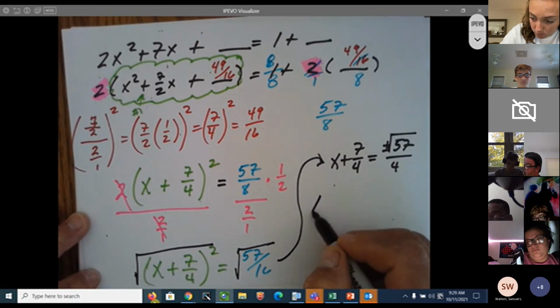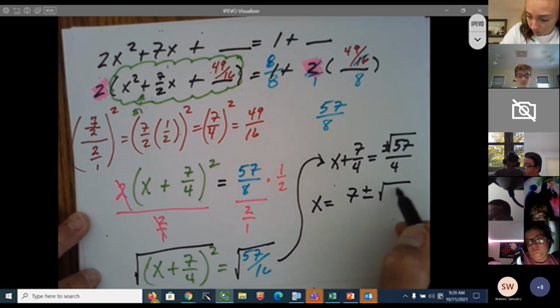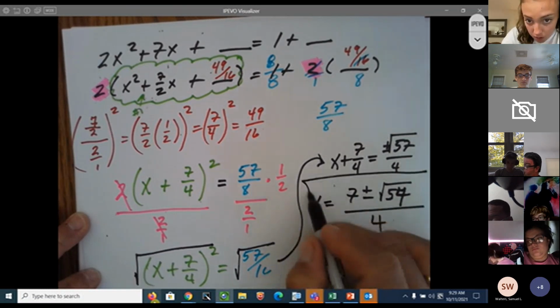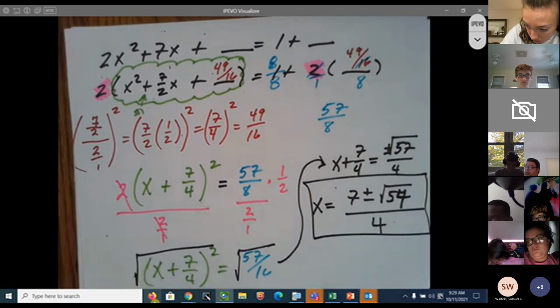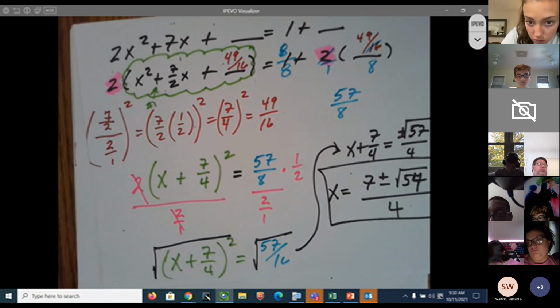That's going to be x is equal to -7 plus or minus the square root of 57, over 4. So let me type it in and we'll hit the... hold on a minute, make sure somebody's not trying to get in the class. Hold on. I see a chat.